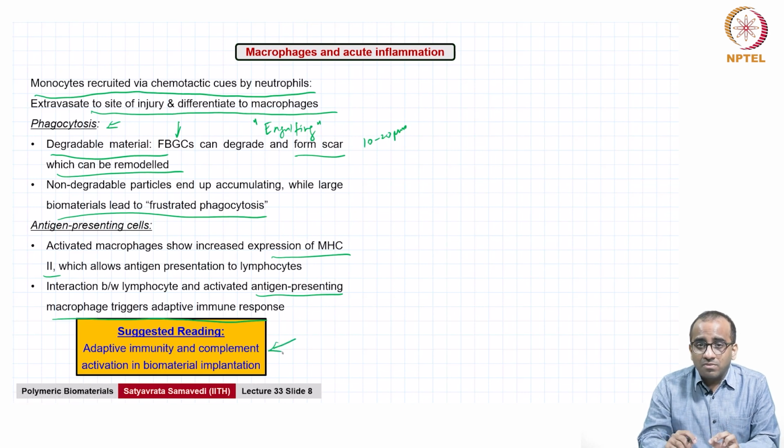That doesn't mean they're not important, they're extremely important. But in the interest of time, what we're trying to do is focus on one type of response, primarily the acute response, so that you get a good sense of the mechanisms involved, and perhaps it will be easier for you to appreciate adaptive immunity and complement activation in the context of biomaterial implantation if you do some outside reading later.